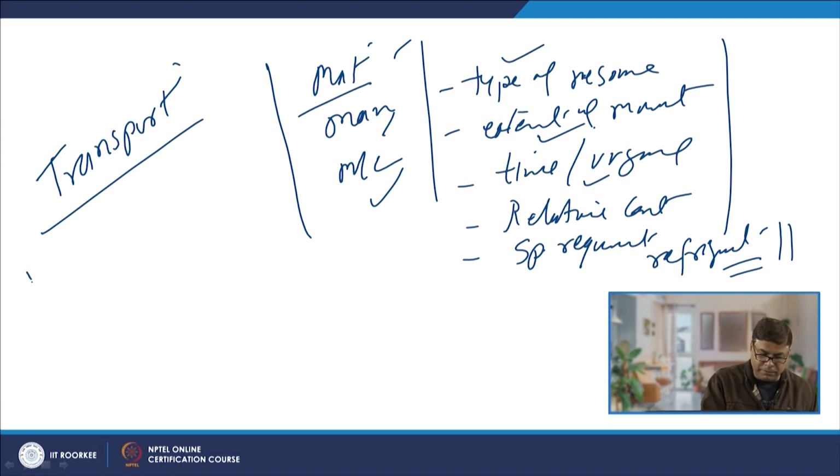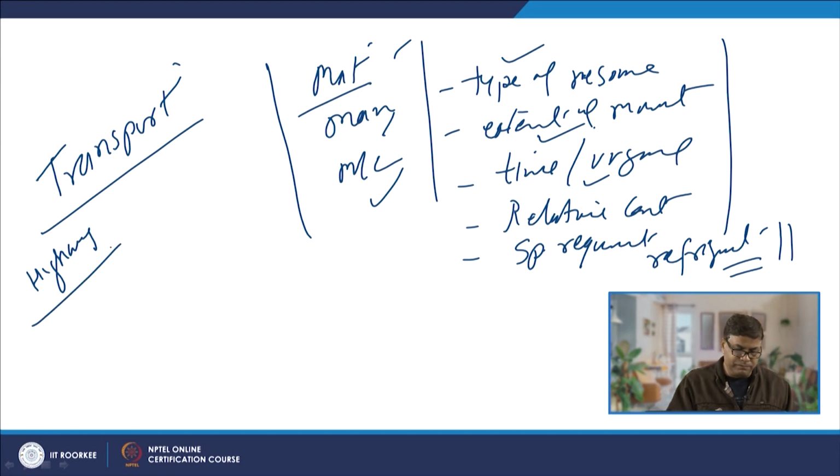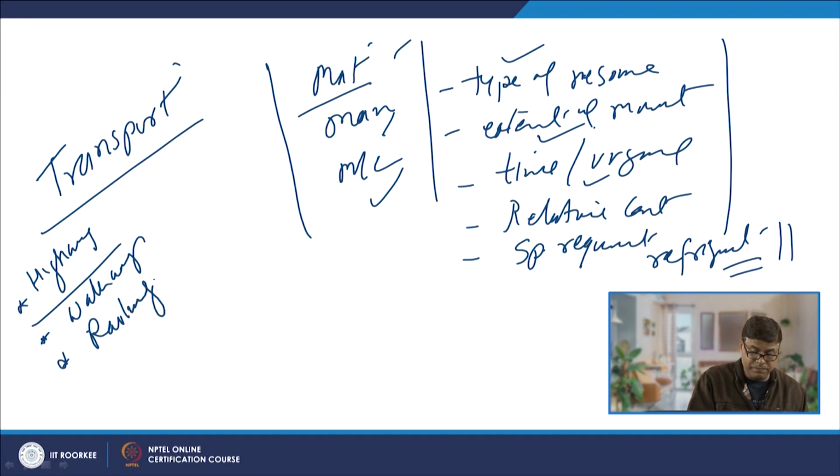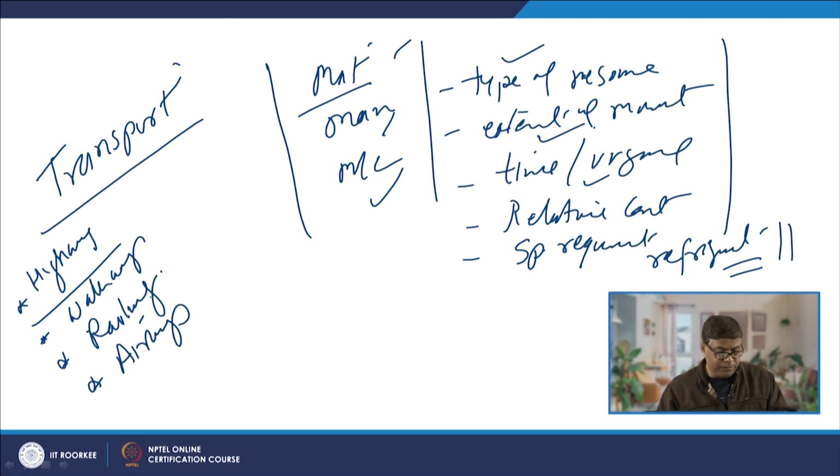These may be highways, using trucks big or small, ships through waterways, and railways. Then if there is urgency and fast movement is needed, then airways. So, these are the 4 different ways through which movement of resources can be done.